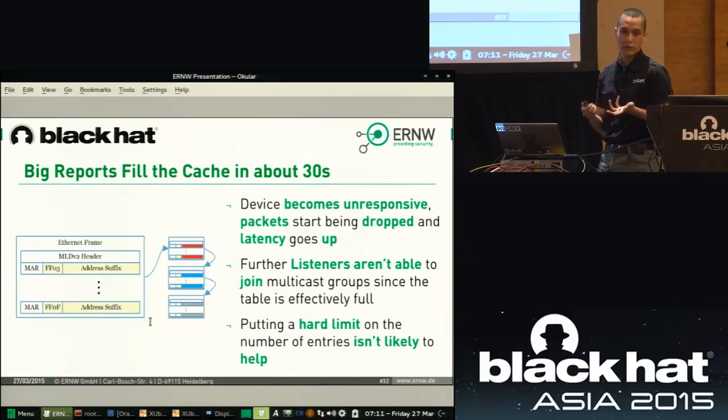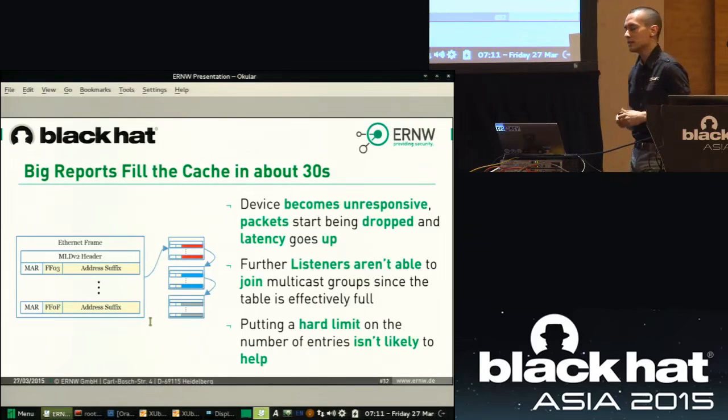So the approach would be to limit the rate at which the router can process this kind of message. That would be a more sensible approach. But anyway, you shouldn't have to go this way in order to manage something which is an important part of IPv6.